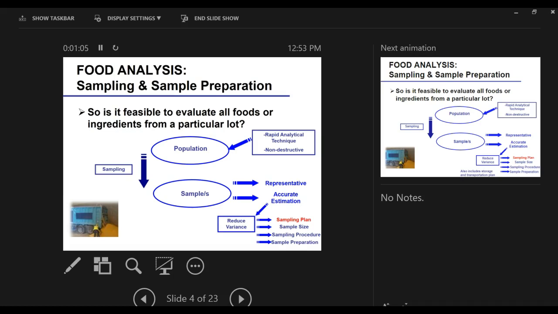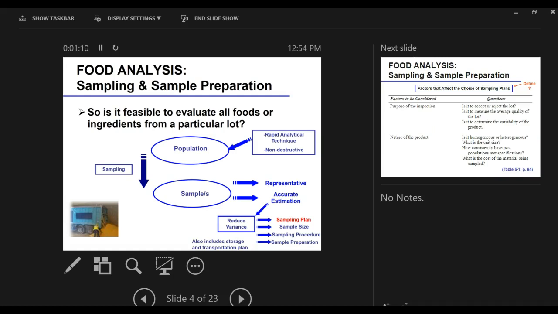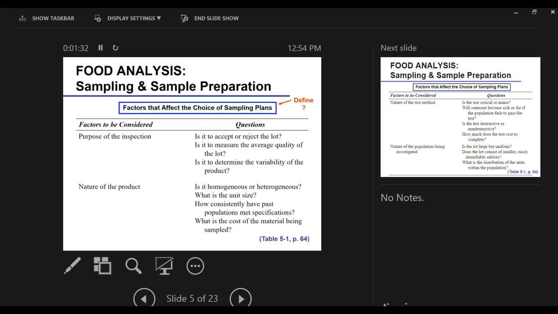How are we going to prepare them and preserve them until analysis so that we don't change composition or characteristics of the sample, as well as during transportation. So if the samples are being pulled from one plant and then going to be analyzed in your laboratory somewhere else, how they should be transported so that we don't get differences in the composition. Okay.